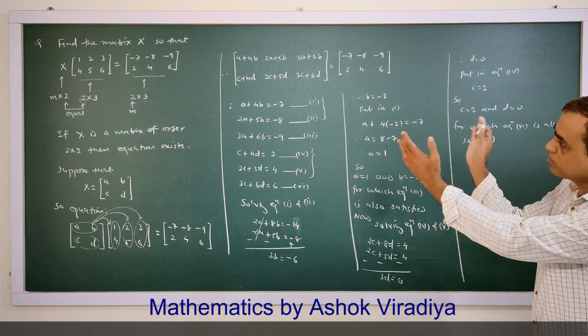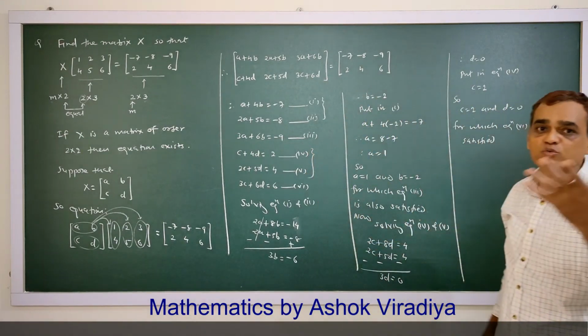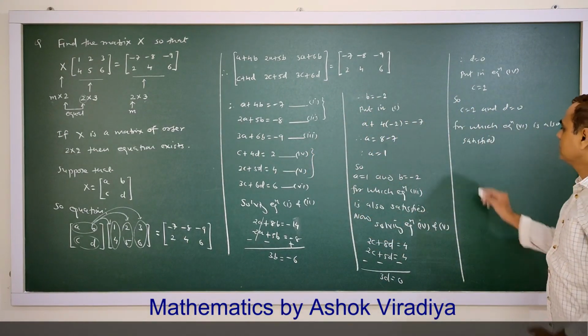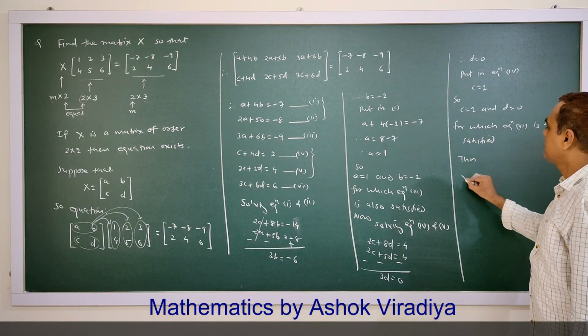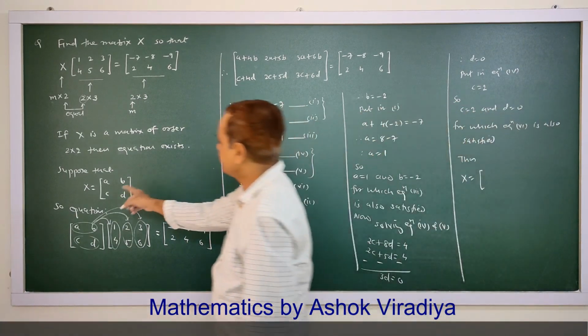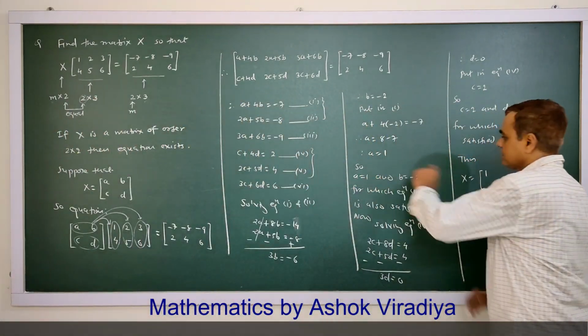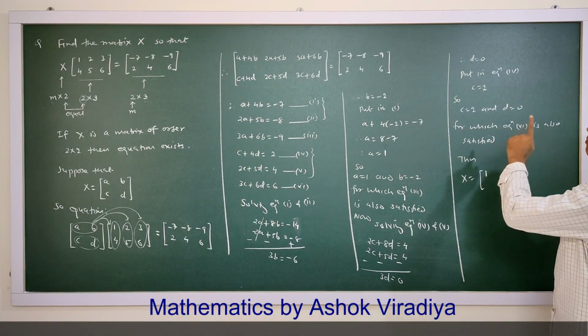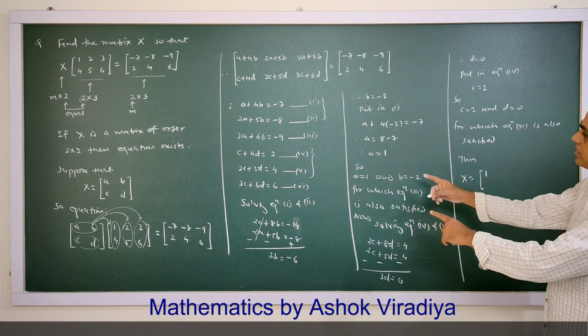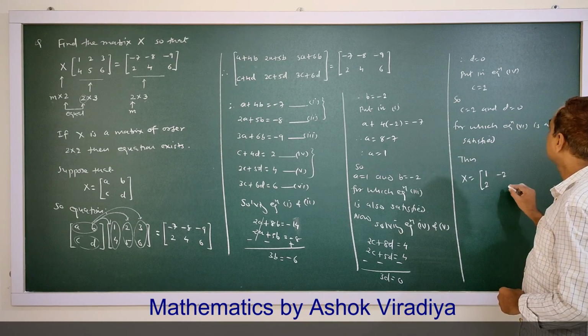Corresponding elements should be equal, left side equal to right side. Thus, matrix X, putting the values of A, B, C, D: A we have obtained 1, B was minus 2, C is 2, D is 0.